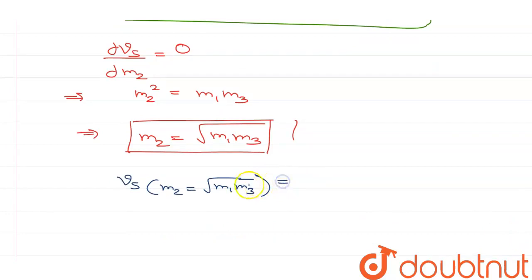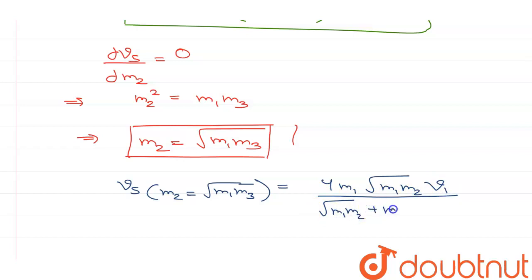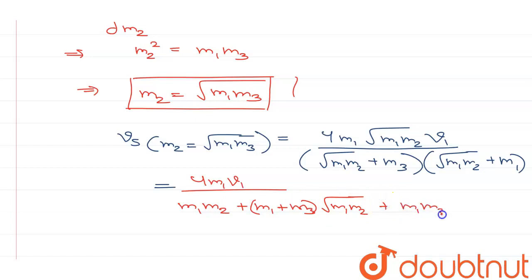So we put the value of m2 as root m1 m3 into the equation for v5 and we get 4 m1 root m1 m3 into v1 upon (root m1 m3 plus m3) into (root m1 m3 plus m1), which is equal to 4 m1 v1 upon (m1 m3 plus m1 m3 ...) divided by root over m1 m3.